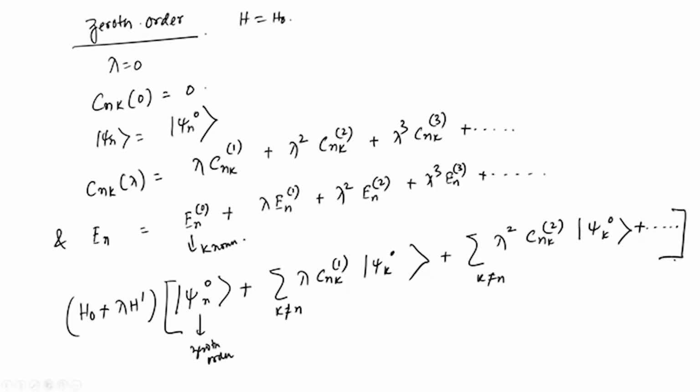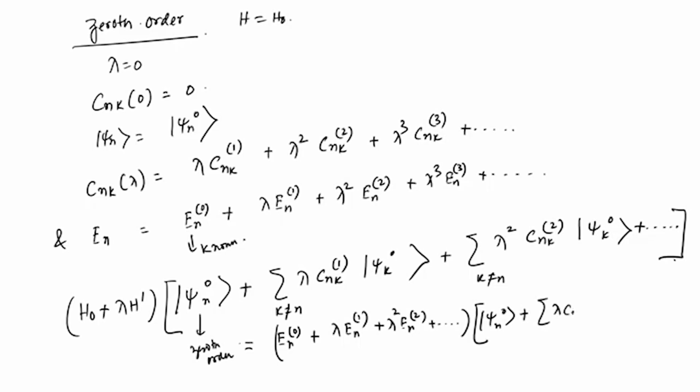Okay. So, this is the left hand side, and the right hand side would be E n 0 corresponding to psi n 0, plus lambda E n 1 plus lambda square E n 2 and so on, psi n 0 plus lambda c n k 1.